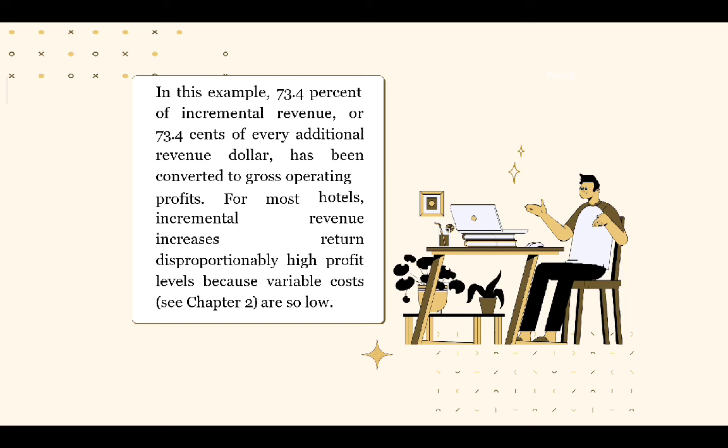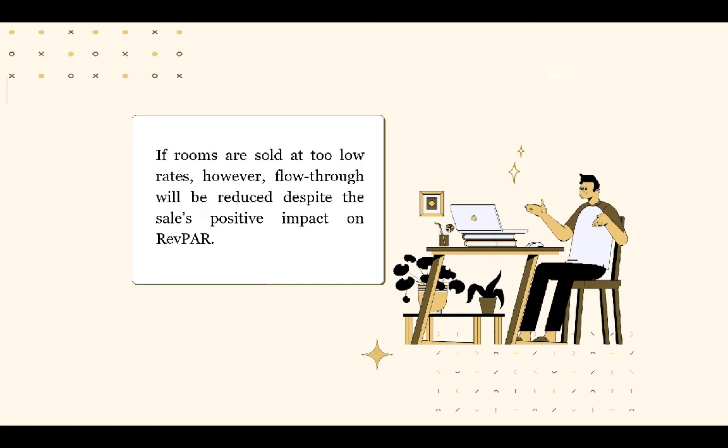For most hotels, incremental revenue increases return disproportionately high profit levels because variable costs, see Chapter 2, are so low. If rooms are sold at too low rates, however, flow-through will be reduced despite the sales' positive impact on RevPAR.